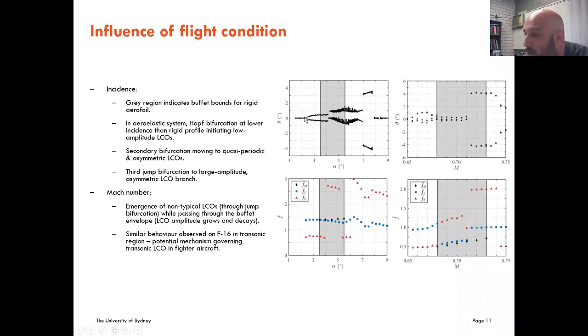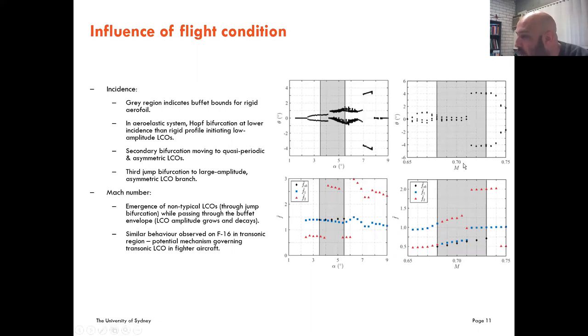We've got a standard Hopf bifurcation that occurs as we go closer to the lock-in region, and a secondary Hopf that leads into a more aperiodic type of behavior, and a third kind of destructive Hopf occurring before completely disappearing at the higher angles of attack.